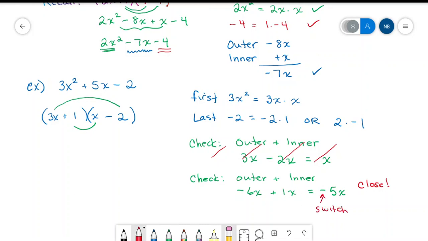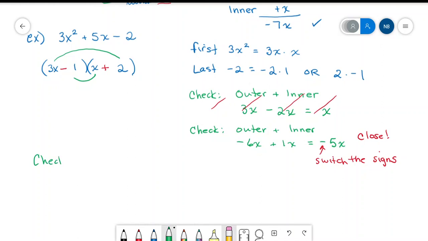Switch the signs. So I'm going to go back to my problem, and I'm going to erase my signs. I'm going to put the negative first and the positive second. And now we're going to check the whole problem using FOIL.